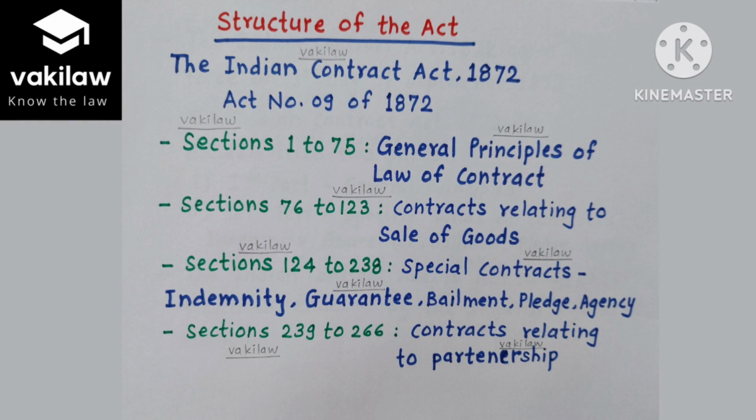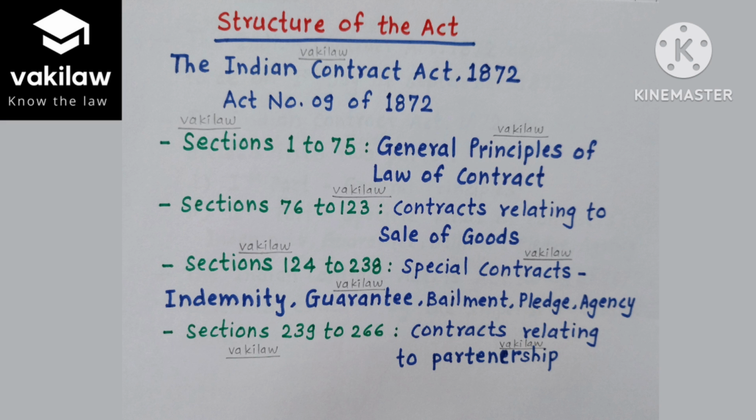So the Indian Contract Act of 1872 is Act number 9 of 1872. Sections 1 to 75 of the Indian Contract Act deal with the general principles of law of contract. Sections 76 to 123 deal with contracts relating to sale of goods.